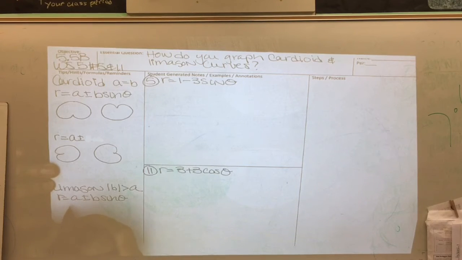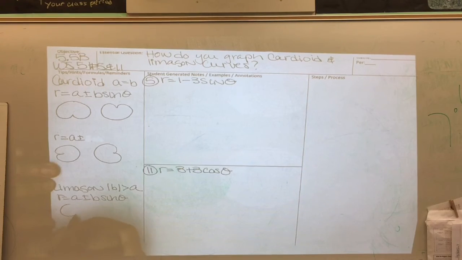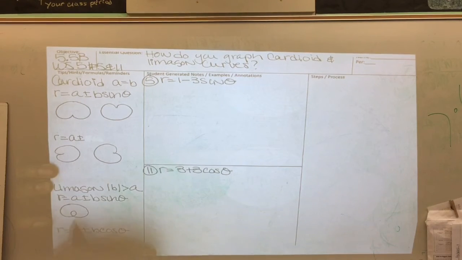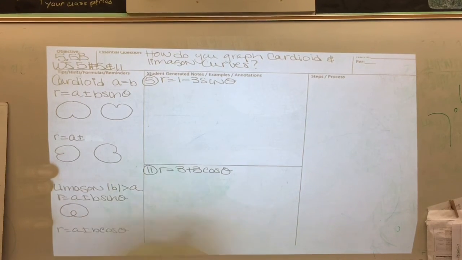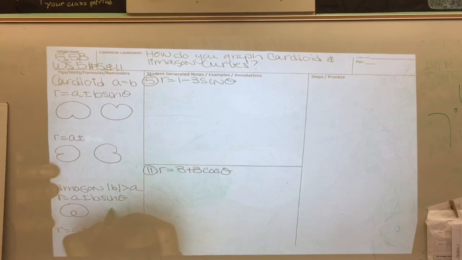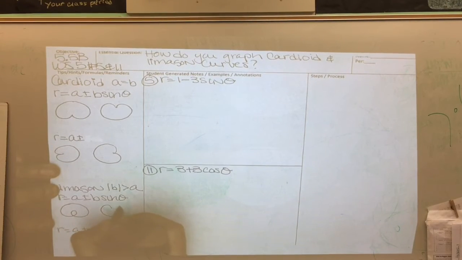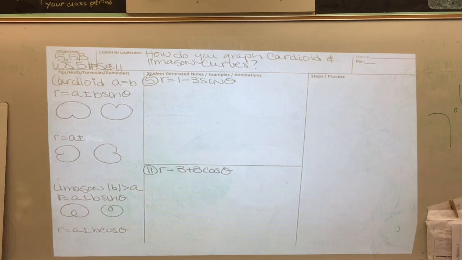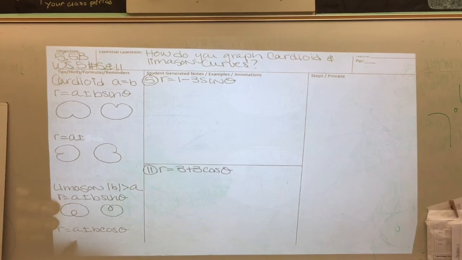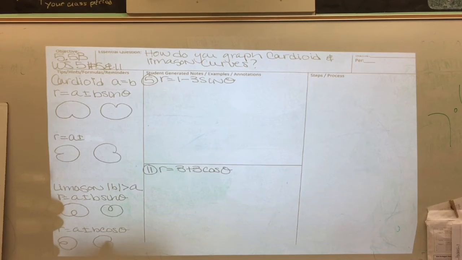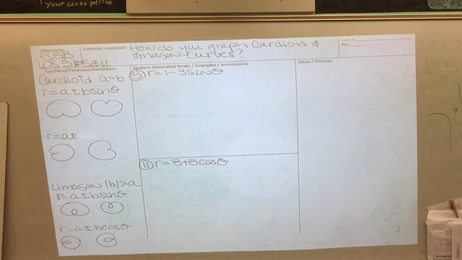Okay, so here's what they mean by inner loop. It has this extra little donut shape in the middle. Good, and same thing for the cosine.